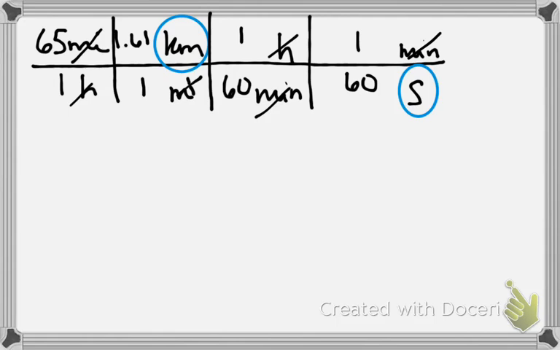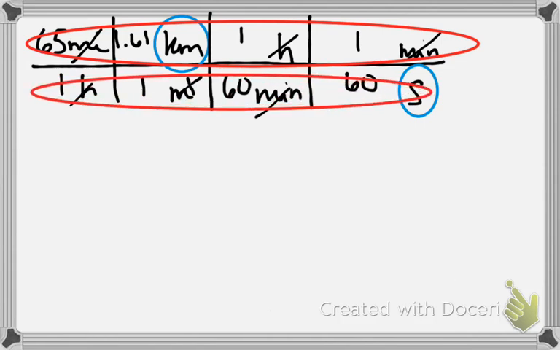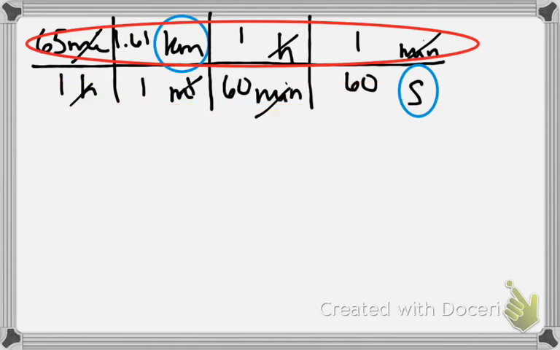So here's why I like this better. Because when I'm typing this into my calculator, this is how you do it. You multiply all of this and get a number. So basically you're saying 65 times 1.61. Then you multiply all of this and get 3,600 on the bottom.